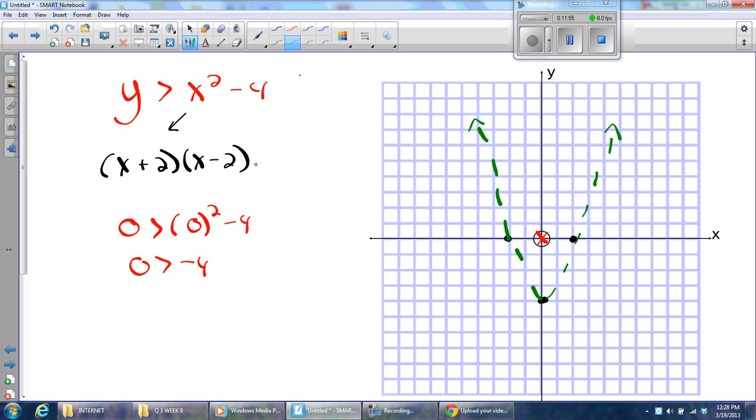That is a true statement, so I am going to shade inside this parabola. So my solution will be everything inside the bounded U. The U is my boundary. The U is not included, and how do I know that? Because it's broken. But that's what I do.